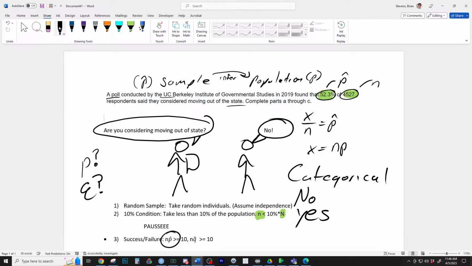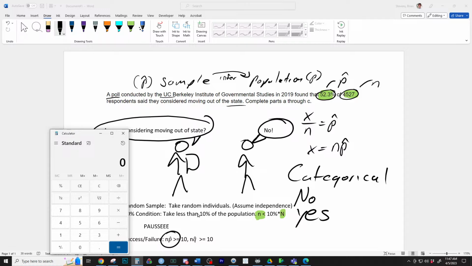If you do this, that is the amount of successes in the sample. So when we solve this quantity out, we are actually solving for x, which is the amount of people in the sample who said they're going to move out of state. So 0.523, and you can see the formula up there, times 4527. They maybe didn't carry enough decimals, but 2,368.